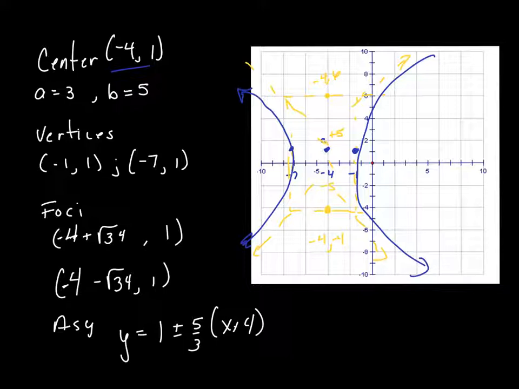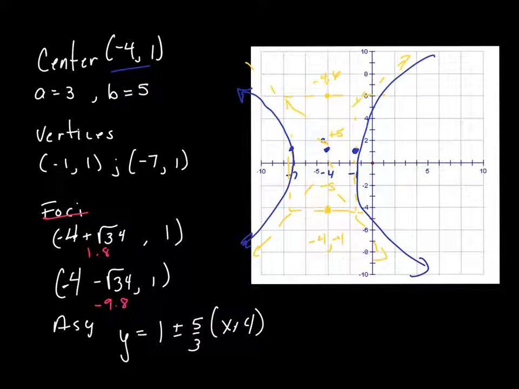The only thing left to graph with this are the foci, so we need to turn those into decimals. So -4 plus the square root of 34 is 1.8. This second x value, -4 minus the square root of 34, is going to be -9.8.